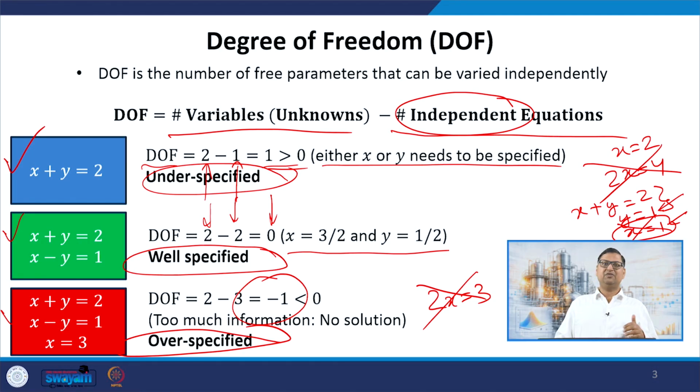If, for example, it is more than 0, then we need to know which are the variables I want to specify in the problem or give as user input, or I have a freedom to vary whatever I want it to vary, right. But otherwise, if I do not have that information, which one I want to freely vary or which one should I know, in that case there is a problem, right, because we do not know which parameter I need to vary and things like that, right.